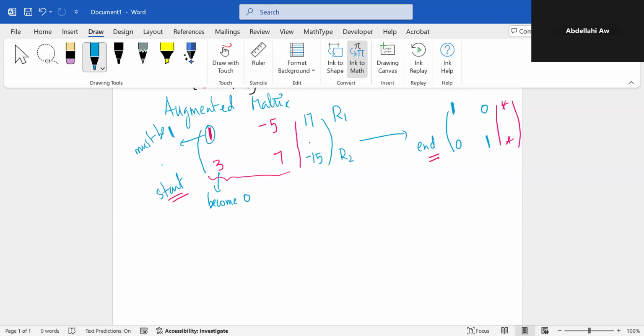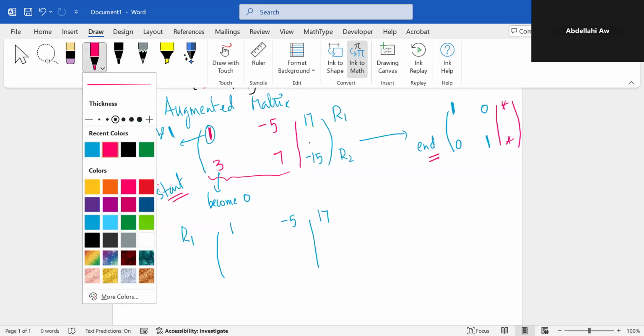In our next step, we're going to change row number 2 only. We will not change row number 1. So in my next step, I write row number 1 as is: 1, -5, 17. Now row number 2, I need to change so the 3 becomes a 0.